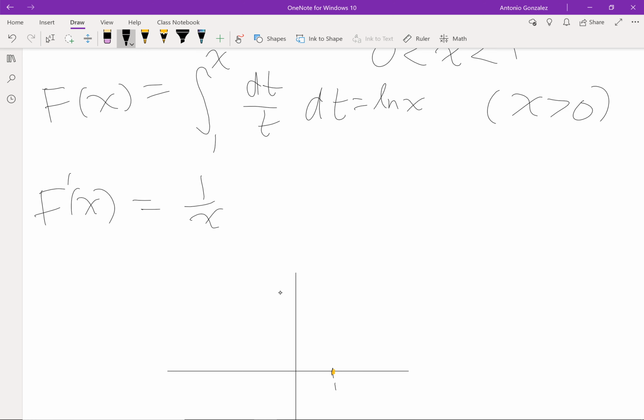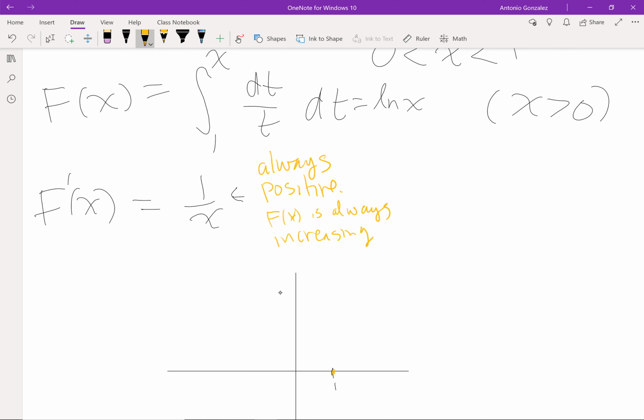Since x is positive, this is always positive. In terms of what that means from the graph, it is an increasing function, which means that f of x is always increasing. Remember, positive derivative means increasing.